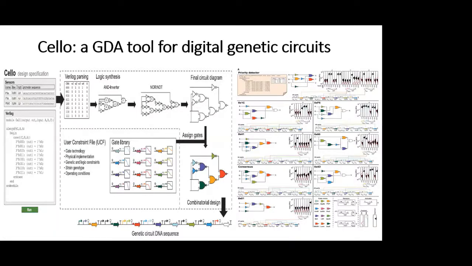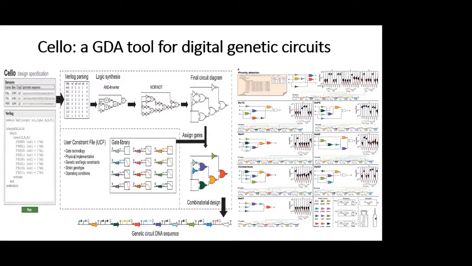That being said, the Cello tool has been used in many other projects as well. I think the SD2 project, for instance, used that. It's been extended a couple of times. There's a paper that spoke about how you can build sequential logic circuits, which came out a few years back, and more recently there's one for Cello for yeast, genetic circuits in yeast as well.